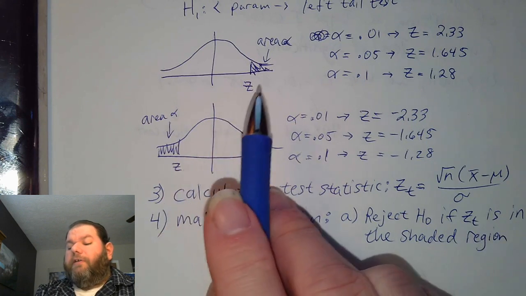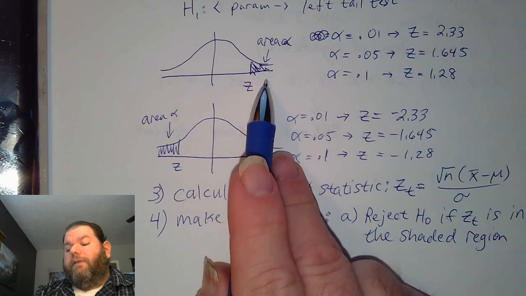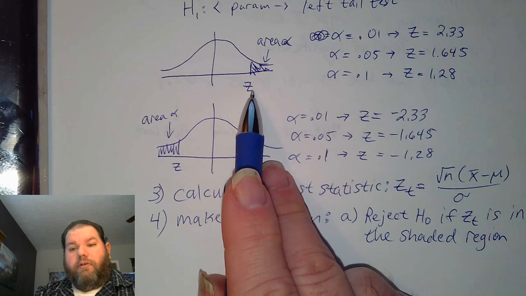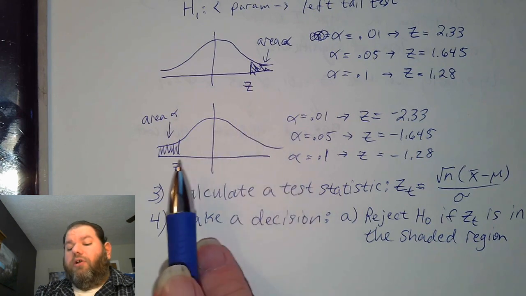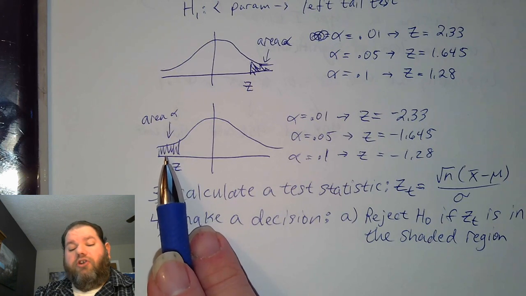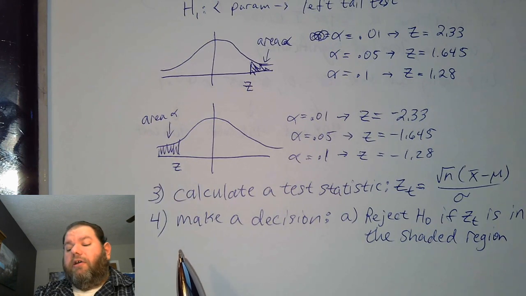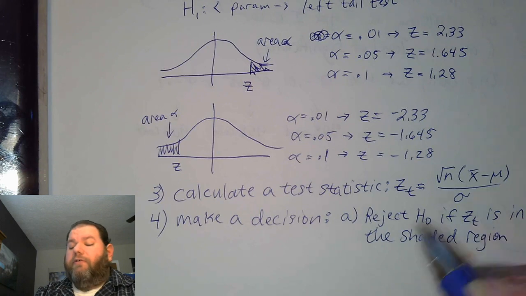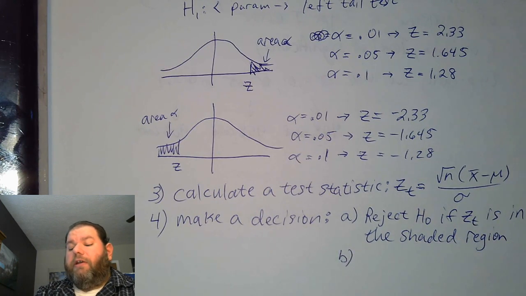So basically, for a right tail test, if ZT is greater than our critical value Z, or in the left tail test, if ZT is less than our critical value Z in that shaded region, then we can reject H naught, or B, fail to reject otherwise.